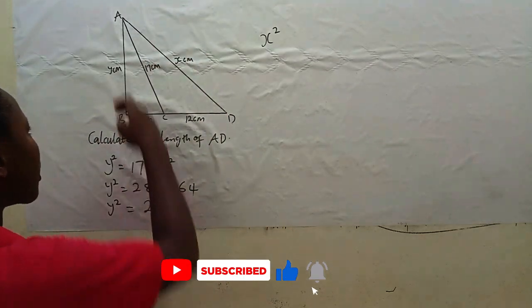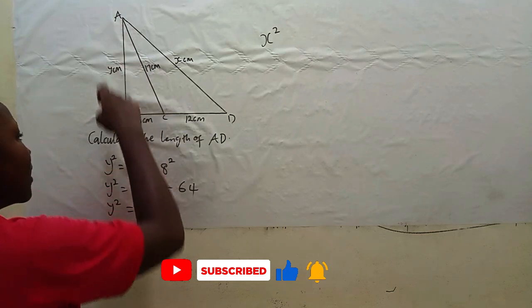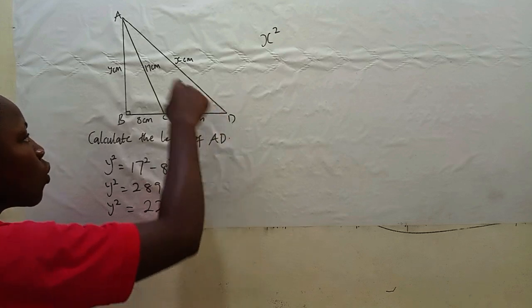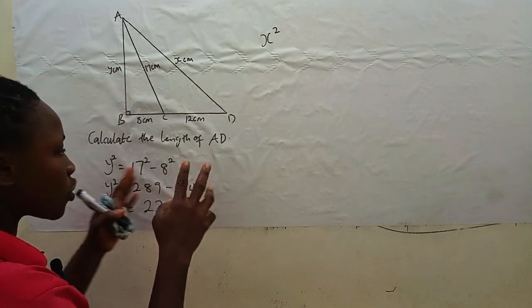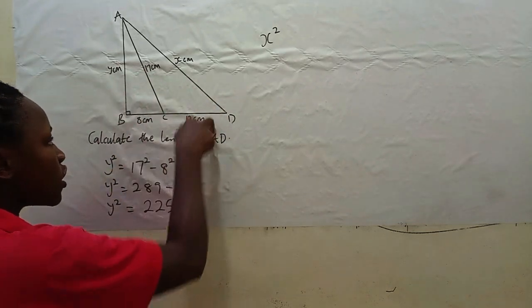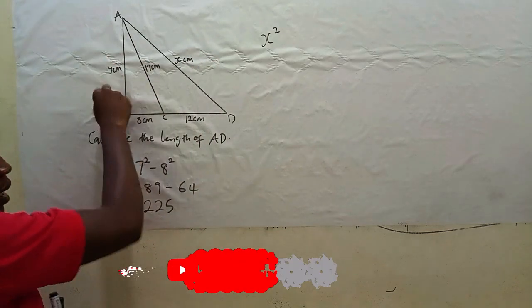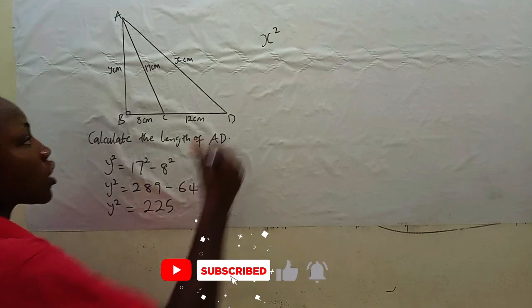But if we are looking for either AB or BD, we will subtract the square of this from this one for us to get this side. Okay, so let's continue.